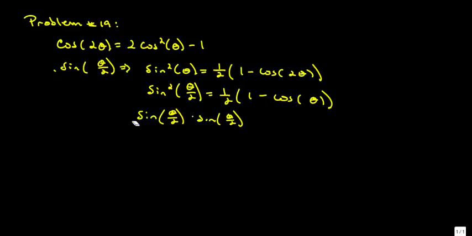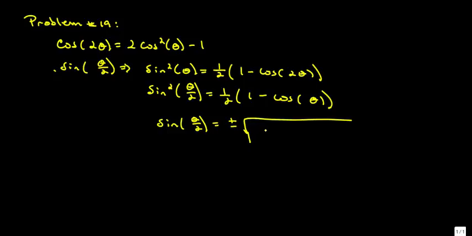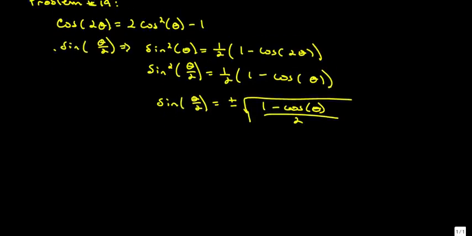So I'm just going to take the square root of both sides. So the sine of theta over 2 is equal to plus or minus the square root of 1 minus cosine theta over 2. Now this formula right here is the one that I gave you guys in class or in the notes. So I just wanted to show you that correlation between the two of them, or how they're related.